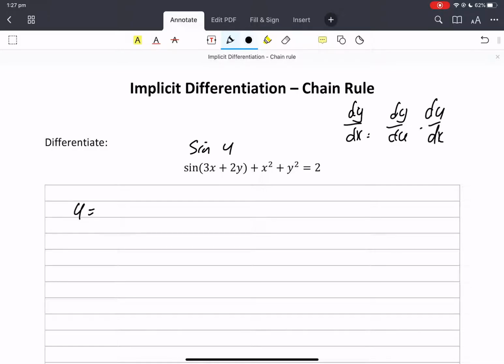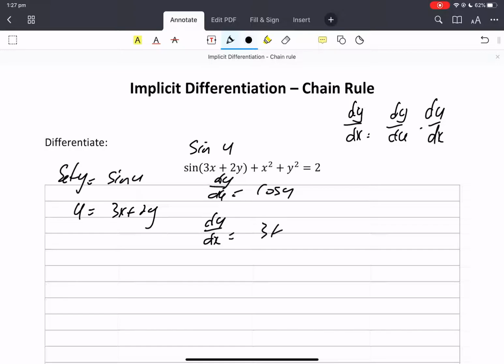Set y equal to sine u, where u equals the inside, so dy/du equals, and du/dx is 3 plus 2 dy/dx.